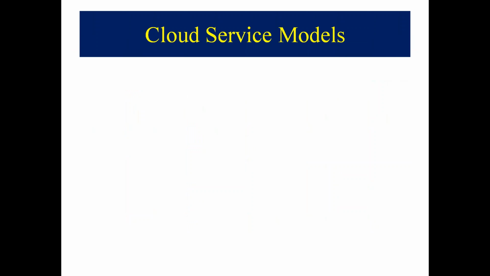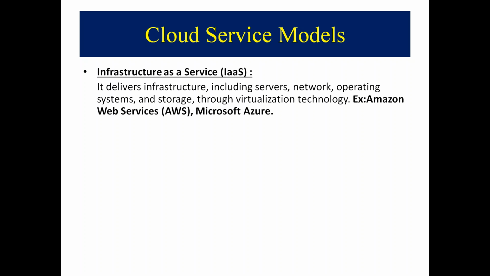Then we have various cloud service models available in the market, and I will explain how we will make use of these cloud services in the actual implementations. Like I said, we have three different kinds of service models.